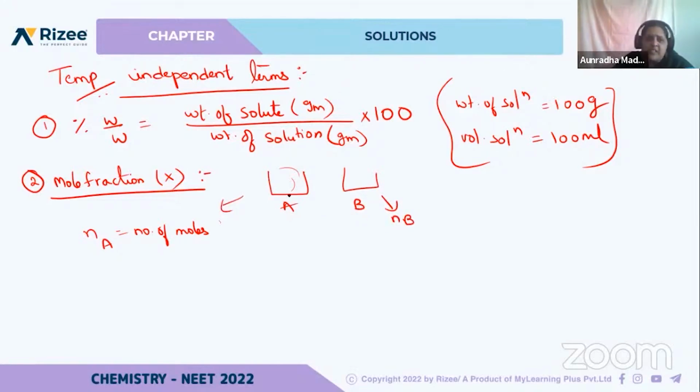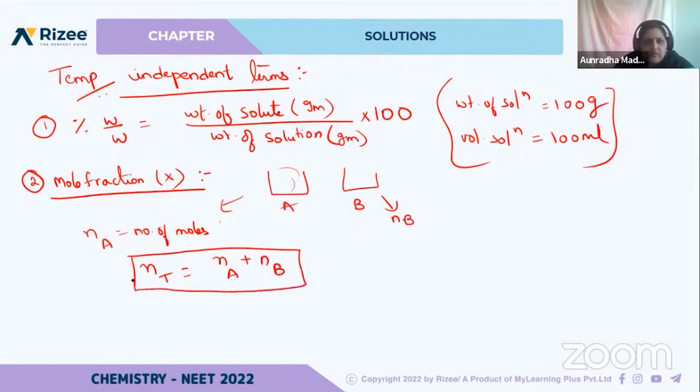If you want to calculate the total number of moles when we mix these two, it is Na plus Nb. After adding those two substances, the total number of moles is the moles of A plus the moles of B.